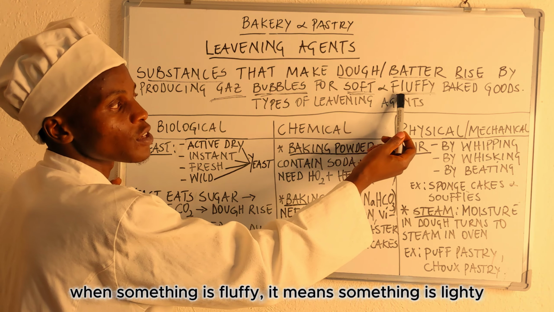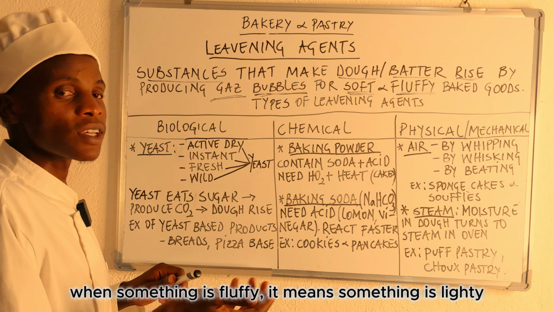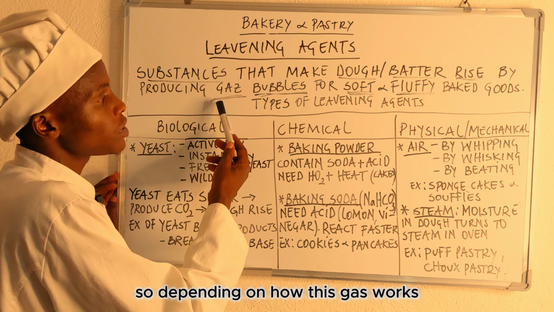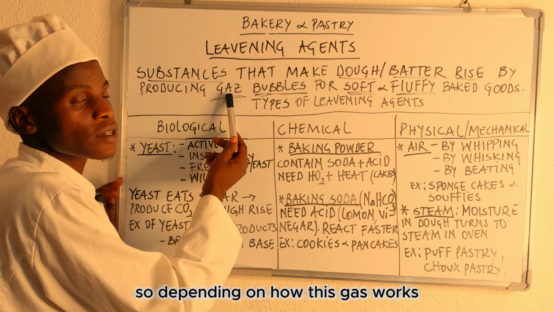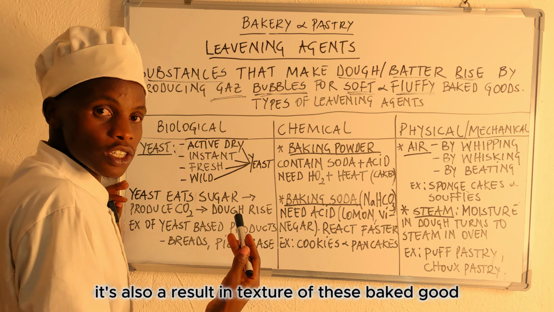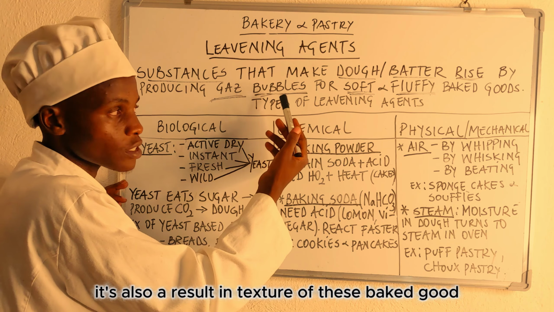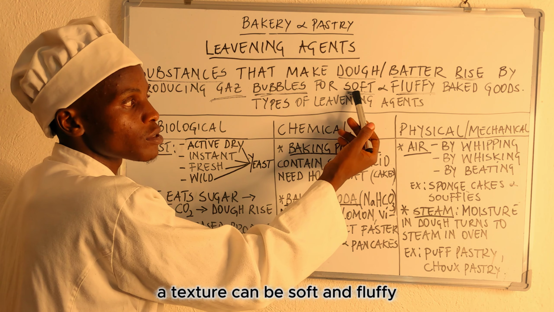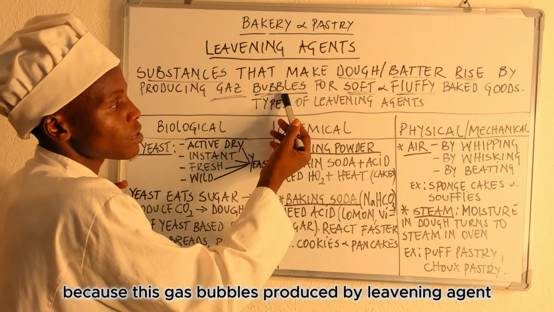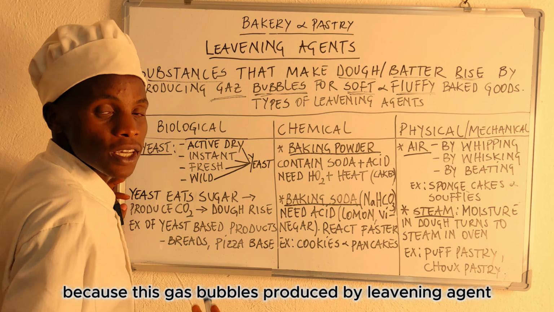When something is fluffy, it means something is light. It is light and airy. So depending on how this gas works, it also results in the texture of the baked good. Texture can be soft and fluffy because of the gas bubbles produced by leavening agents.